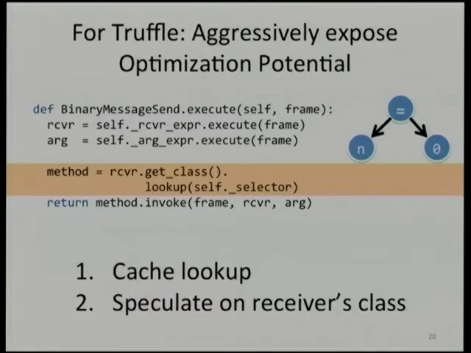So taking that message send, one of the most important things here to specialize for is actually the lookup, the receiver, and the method we eventually want to execute. Especially in Smalltalk, where you have to walk the inheritance chain dynamically to find the method that corresponds to the selector, that's a pretty expensive operation.